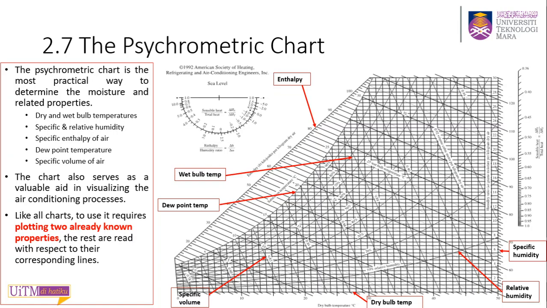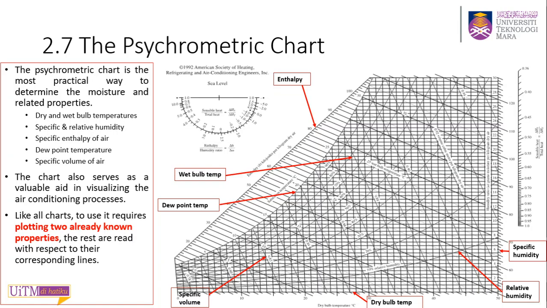And then we have the enthalpy ruler there, with values from 20, 30, 40, 50 up until 120. So that is the enthalpy ruler. When we move into the graph, there are some inclined lines in the graph.